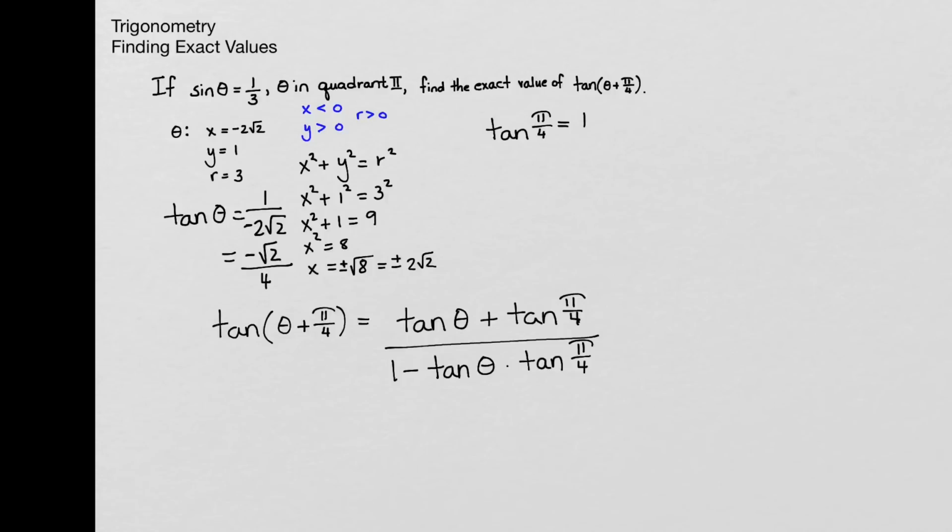And now I just have to plug in. So tangent theta, that's negative square root of 2 over 4, plus tangent of pi over 4 is 1, all over 1 minus tangent theta times tangent of pi over 4.